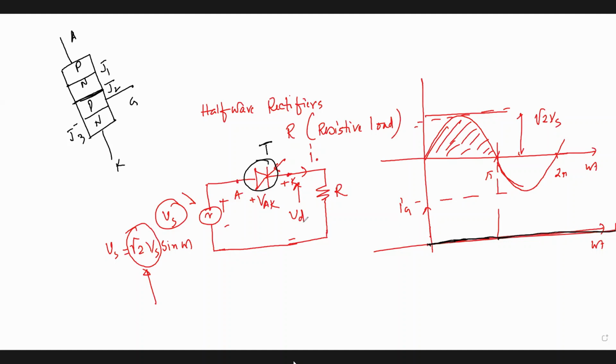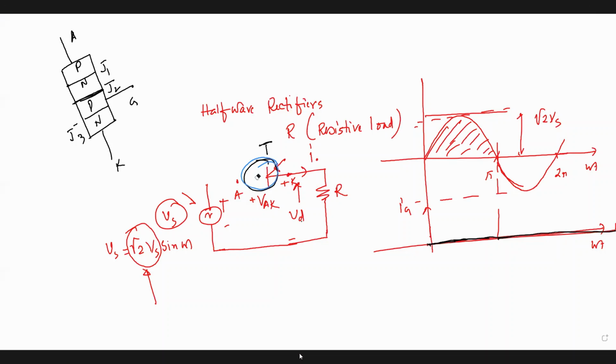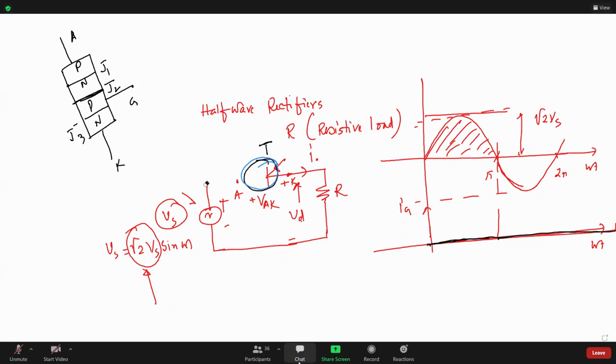If there is no current, what will be your VD? Sir, VD will be equal to Vs. If the thyristor is not conducting, if it is open, then the current is 0.